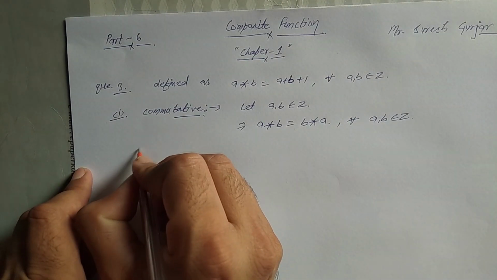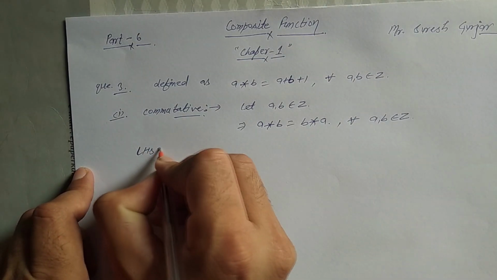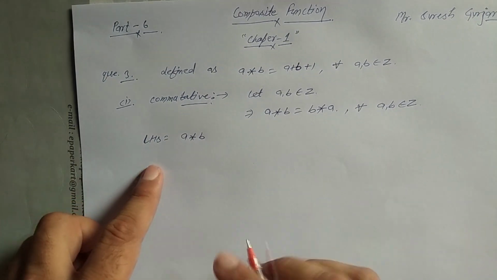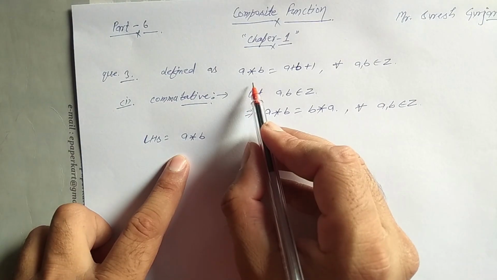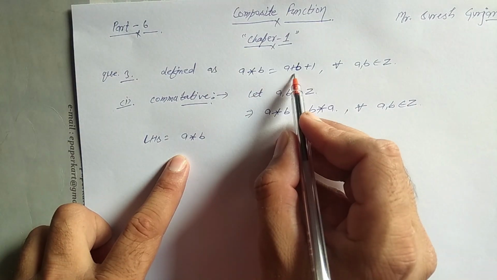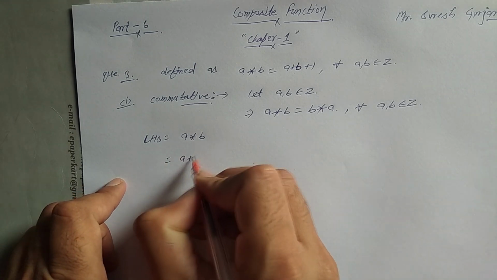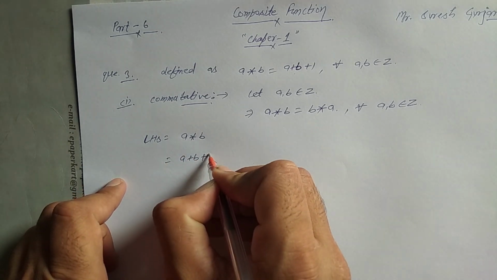Left side, LHS is equal to A star B. According to the question, A star B is equal to A plus B plus 1.